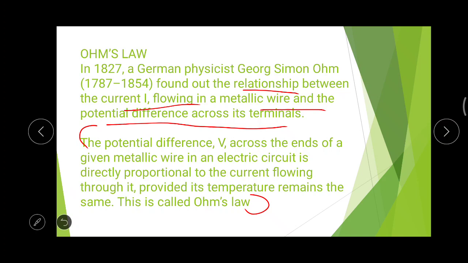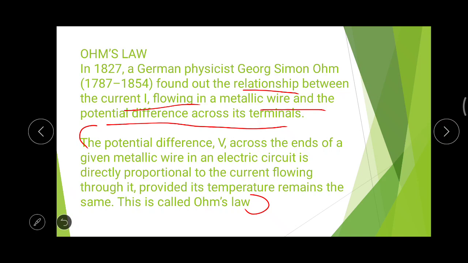Directly proportional means whenever V increases, I also increases. If I is increasing, V will be increasing as well. If I is decreasing, V will also be decreasing. That is, the relationship is linear, a linear relationship between V and I.